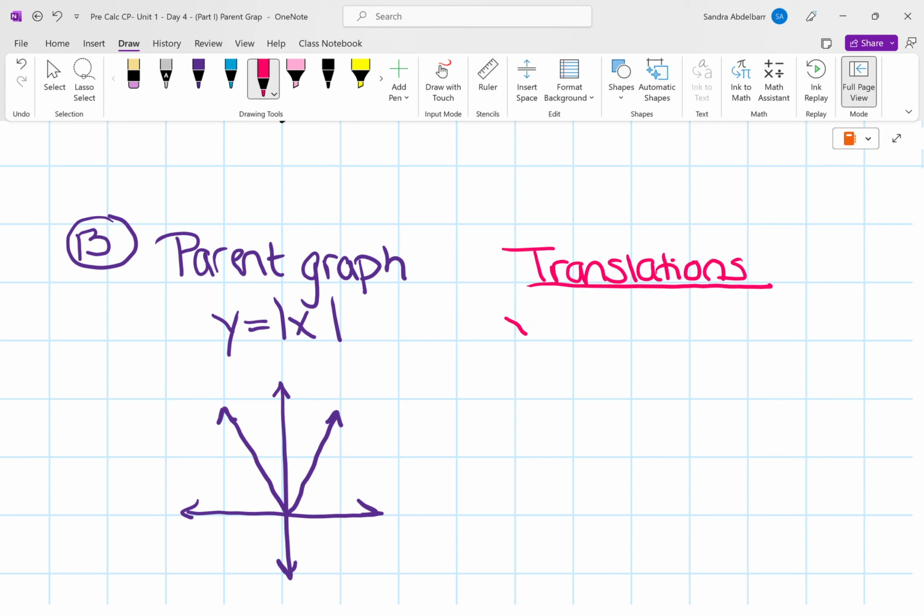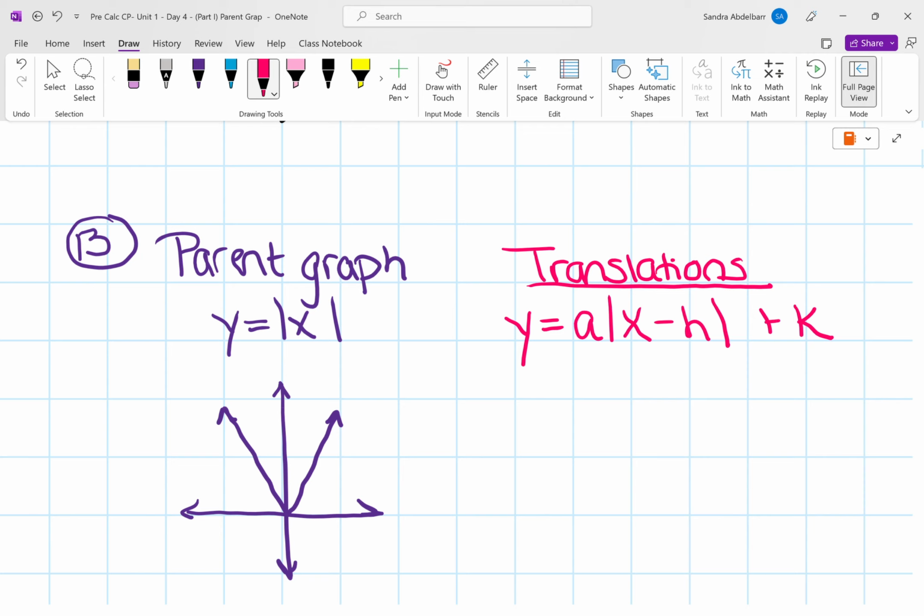Now let's talk about the translations. So for the translations, we're going to have y equals a, absolute value lines, inside the absolute value lines, x minus h, close your absolute value line, plus k.